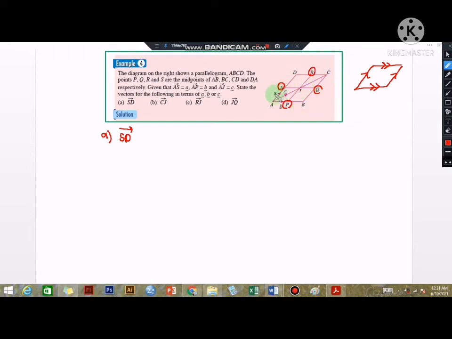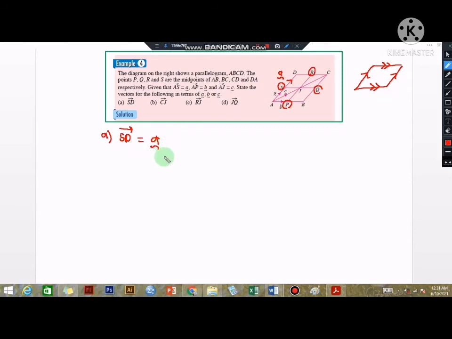We already know the vector for AS is vector a. So if the question asks for vector SD, the direction is the same, so the vector is also a. This is the answer.